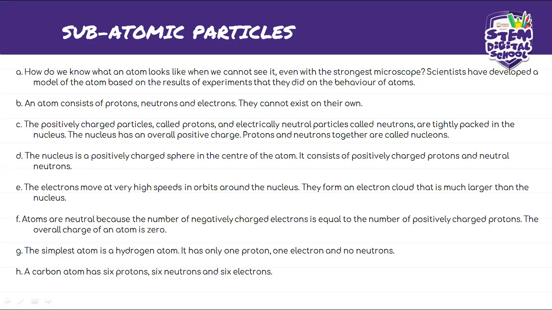Metals lose electrons, and non-metals gain electrons. Now listen to this and don't be confused with these signs. In mathematics, when we talk of plus, we're talking of adding, and when we talk of minus, we're talking of subtracting, taking something out. But the opposite is true in chemistry when we're talking of ions.